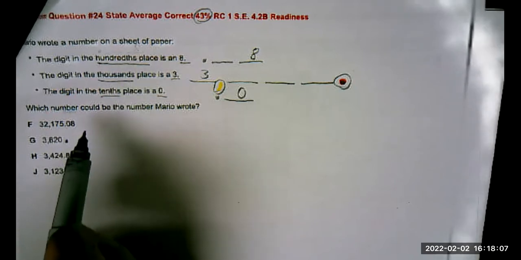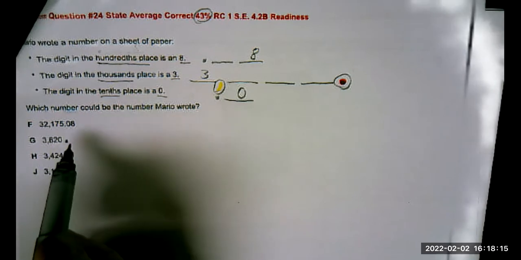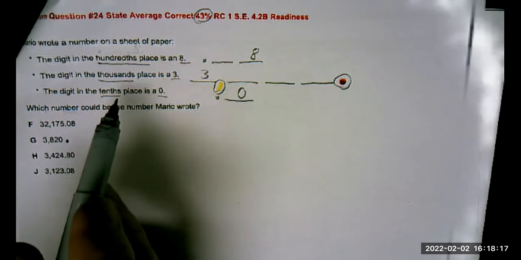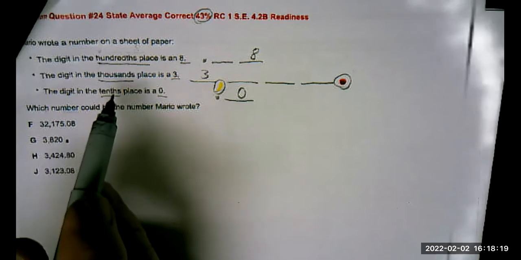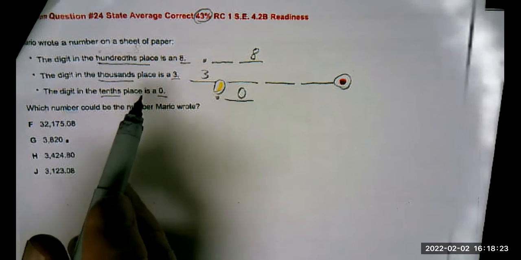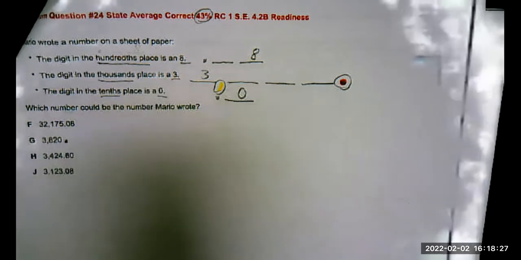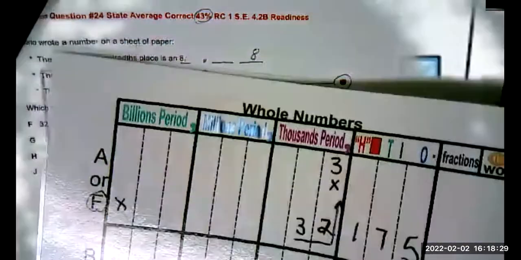Tens place, there's a 0. Nope, there's a 2 in the tens place. So your kids would probably pick this answer if it said the digit in the tenths place is a 2. So we're going to eliminate that, but let's see what it looks like.